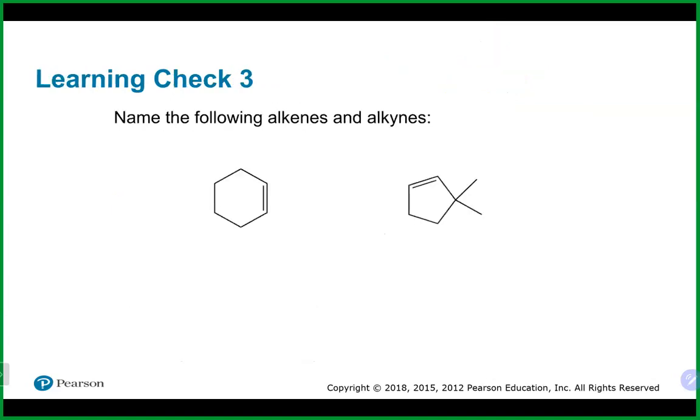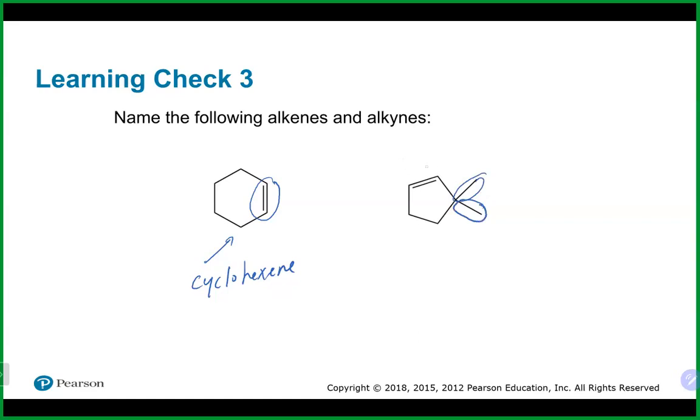So if we were to look at, say, these guys here, this is the one we just did. There's nothing attached, so this would be, again, our cyclohexene. This is our double bond, and we do have 2 methyl groups attached here.